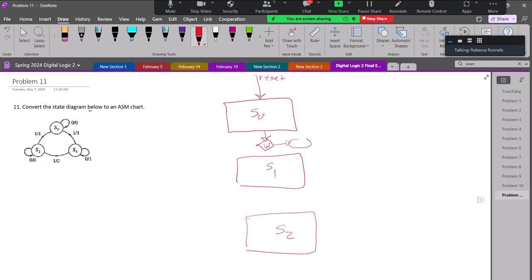So I'll have an oval, and I'll call the output variable Z. Z equals 1, and then I go to state 1. And when W is 0, my output is 0, and I go back to state S0.